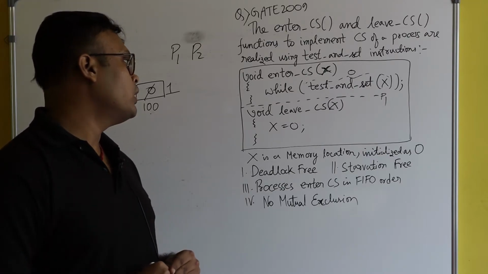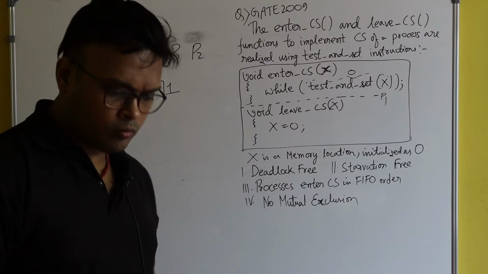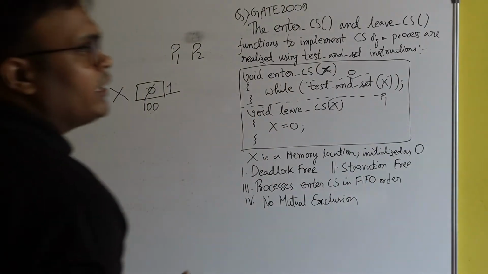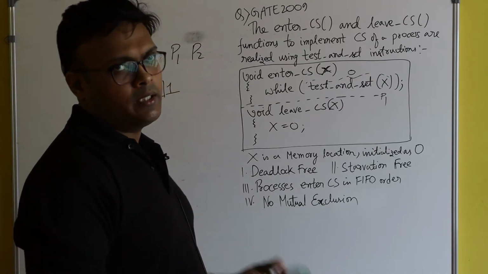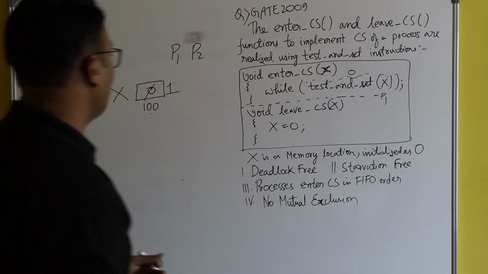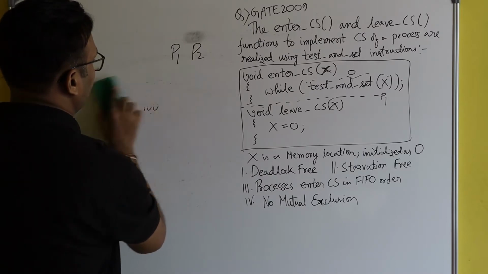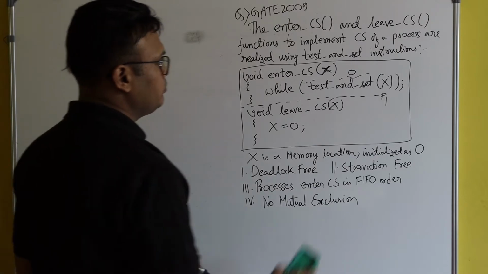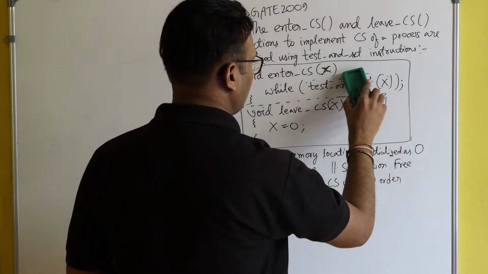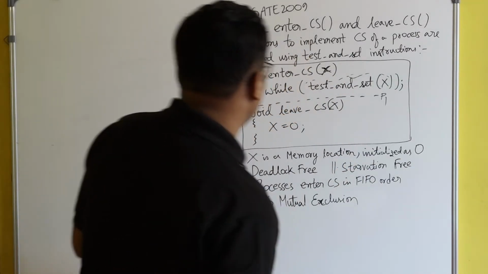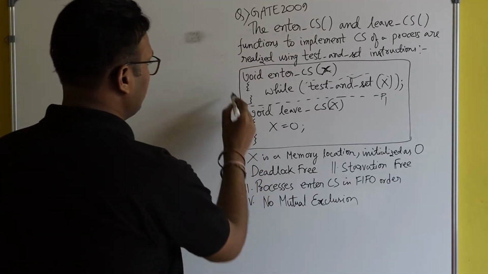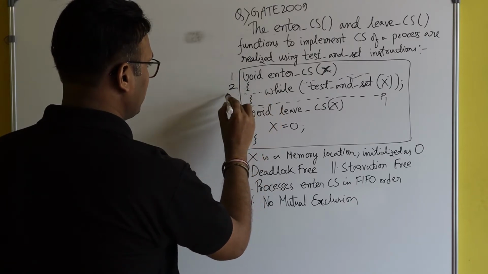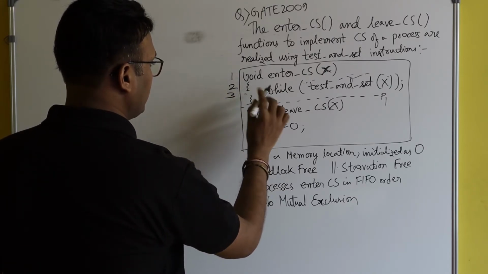Okay, so it's better I explain it here. If there is an infinite waiting, then there is starvation. So let's see how there is an infinite waiting. You see here, let's give the line numbers: 1, 2, this line number is 3, this while loop is the third statement.